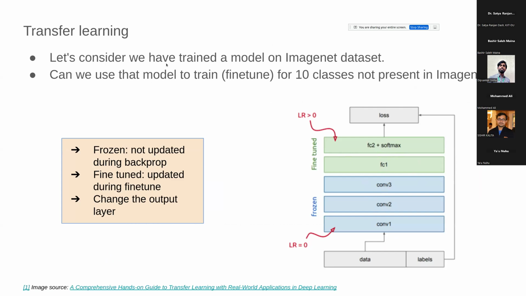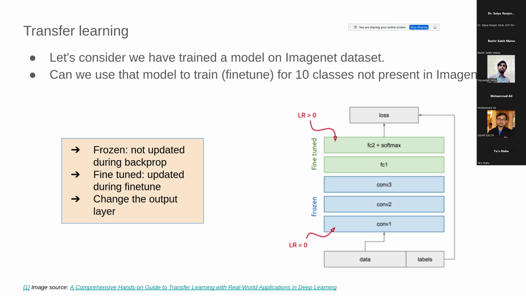So let's consider you have a model trained on ImageNet data. ImageNet data is your label data, right? One model is trained on ImageNet, and in ImageNet maybe thousands of classes are there. But you want to build a model where these ImageNet classes are not there, say a 10 class classifier, where per class you have maybe 10 images, so 100 examples.